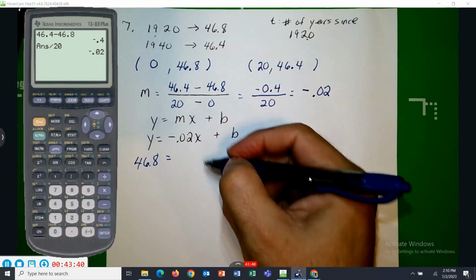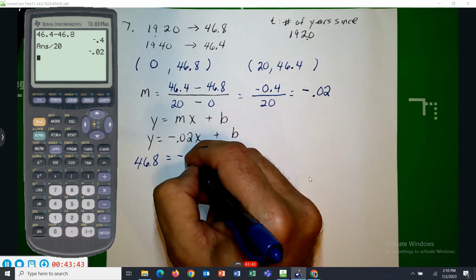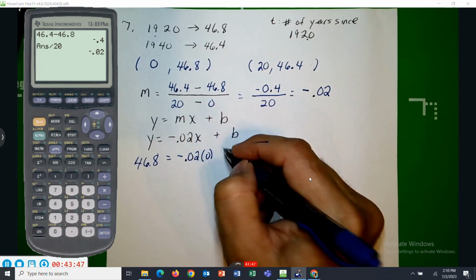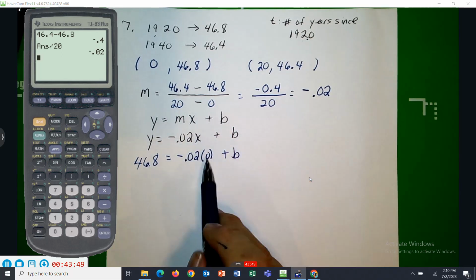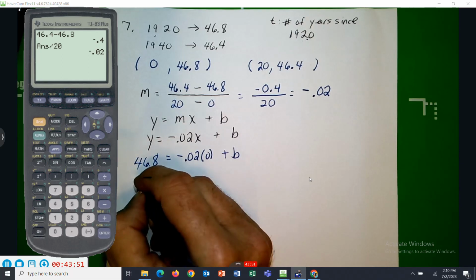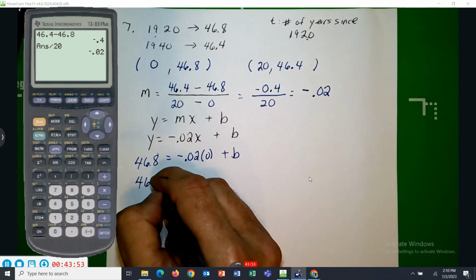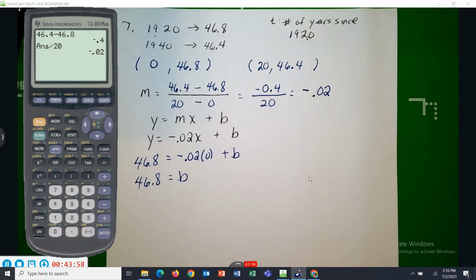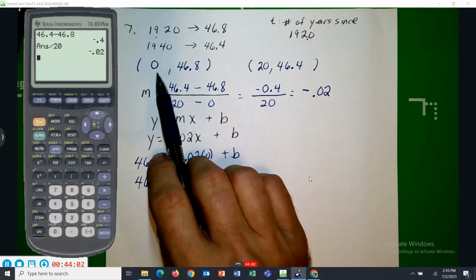Now what's about to happen when I put a 0 in for x? Anything times 0 is just going to be 0. So we just have 46.8 equals b. Hey, can't y'all picture this point? Isn't this the y-intercept?